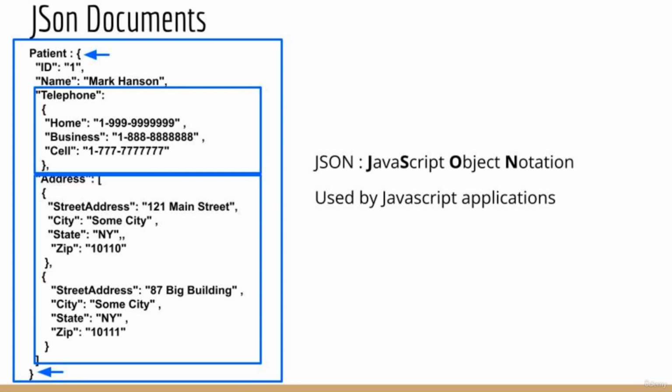Literals, or fixed values, in a field are enclosed in quotes, and fields are separated with commas. In our example here, patient is a root object, telephone would be a nested object that contains a home phone number, a business phone, and a cell phone number, while address is a nested array.